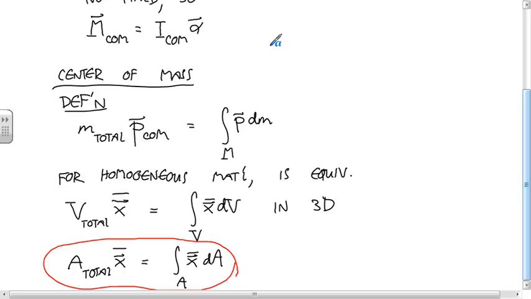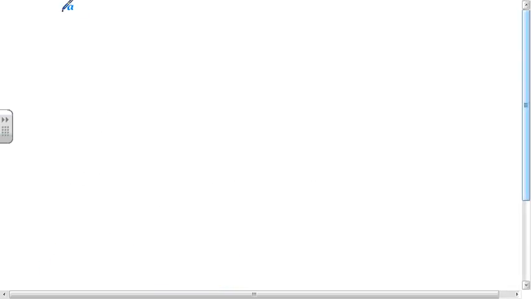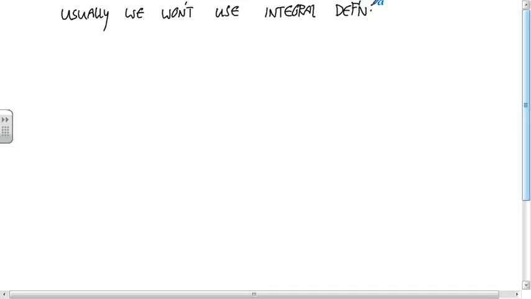That's the definition, but usually we're not going to use integrals. So we won't usually use the integral definition. We'll usually use symmetry or the sum formula.